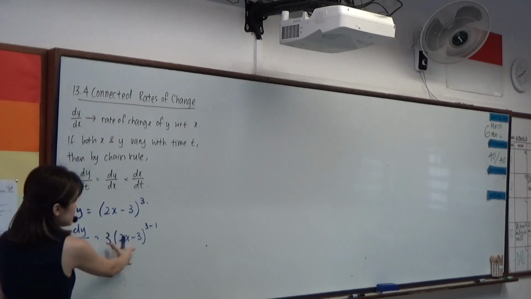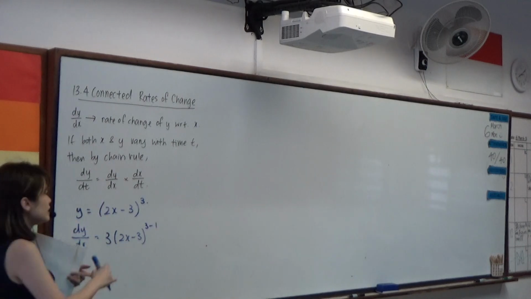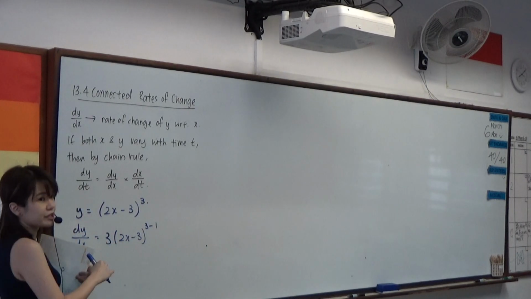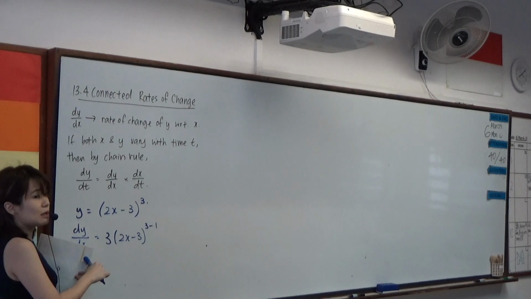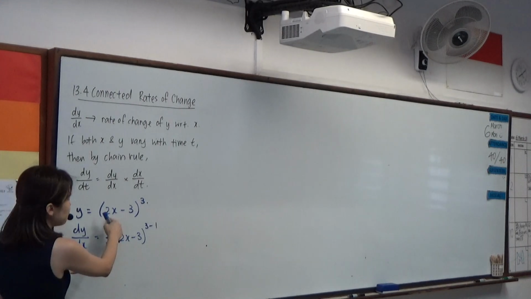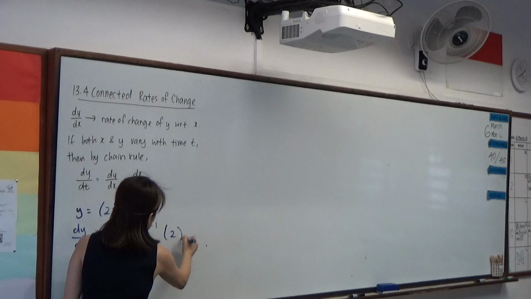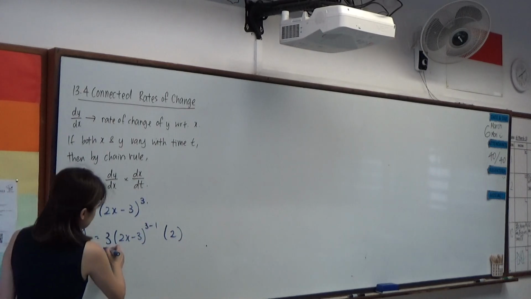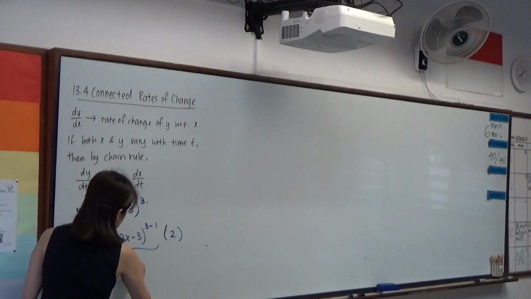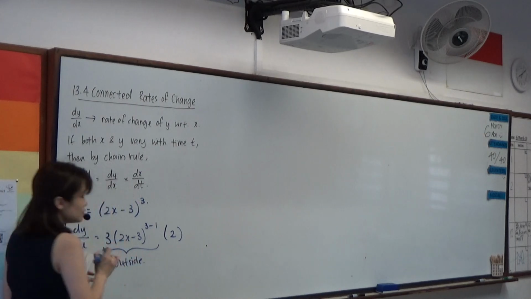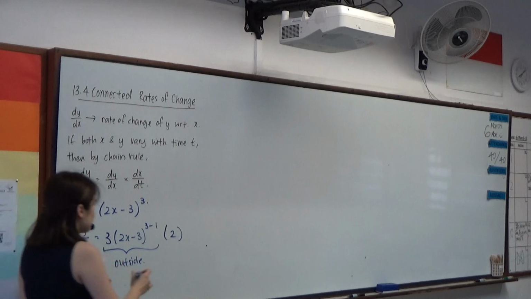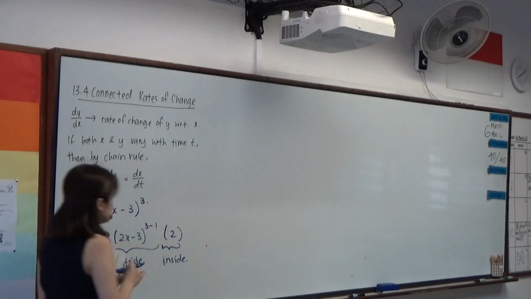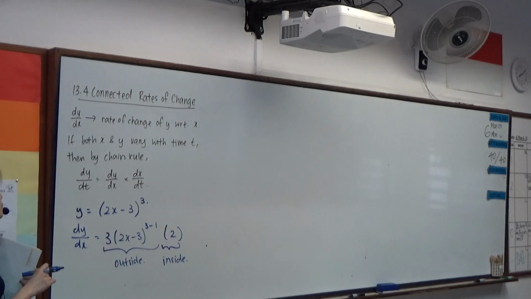By doing this, we are differentiating using our power rule for the overall function first. Then in our chain rule, we differentiate the inside, which is going to give us 2. So what we did here is we look at the outside, differentiate the outside using our power rule, then differentiate the inside. This is our understanding about the chain rule so far.